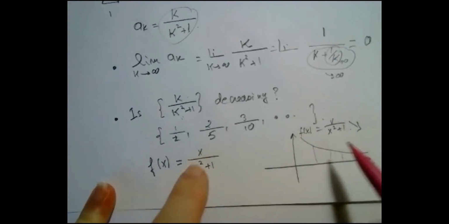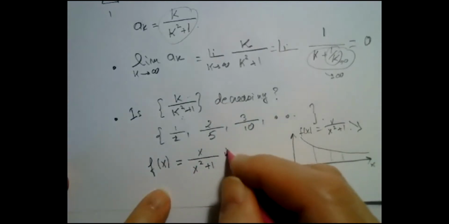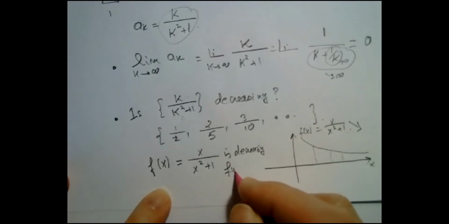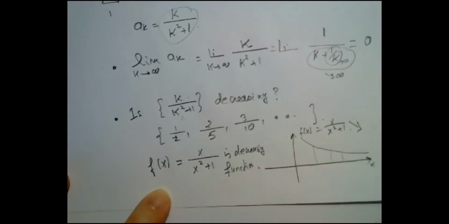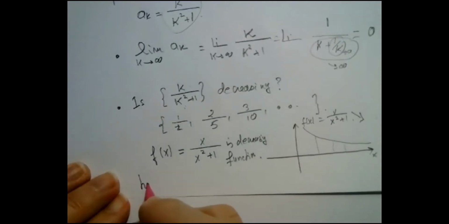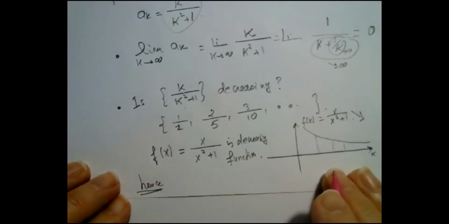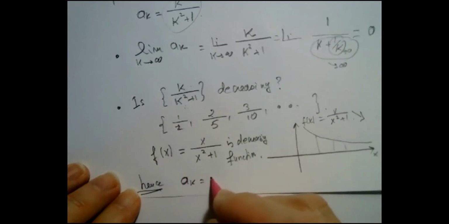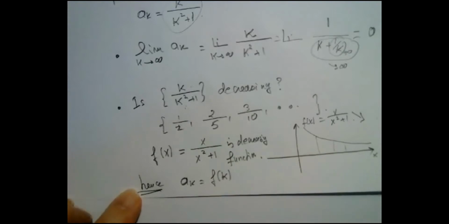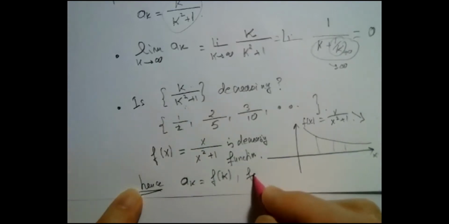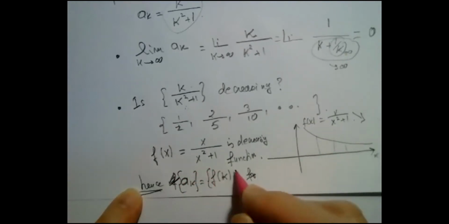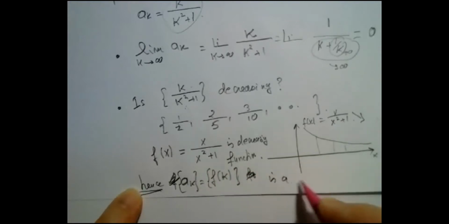So since it's a decreasing function, then a_k, which is nothing more than the value of the function at k, hence the sequence a_k is a decreasing sequence.